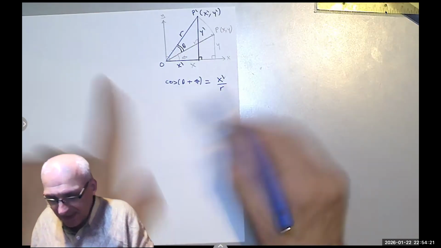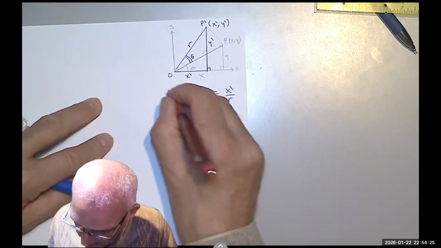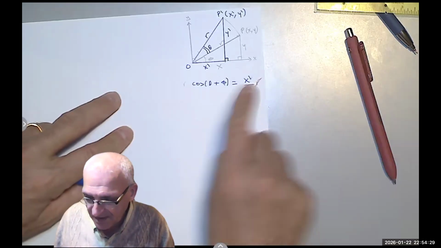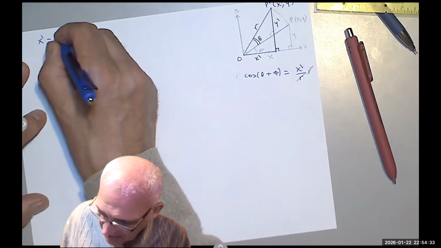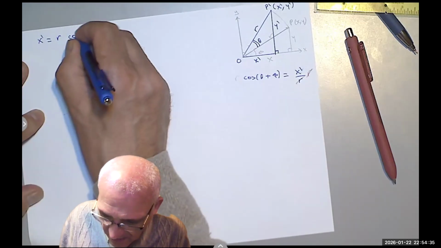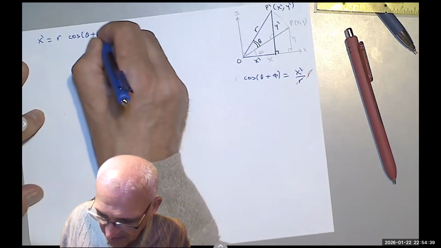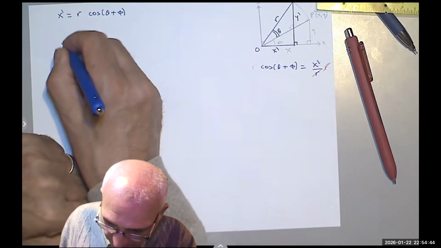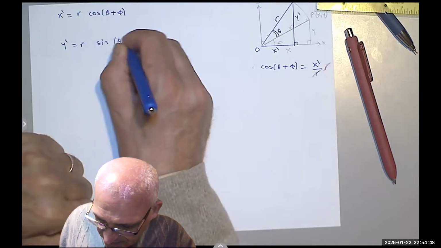So if I multiply both sides by R, I get X prime is R cos. So X prime equals R cos of theta plus phi, or phi plus theta, it doesn't matter. Likewise, Y prime is R sine of theta plus phi.